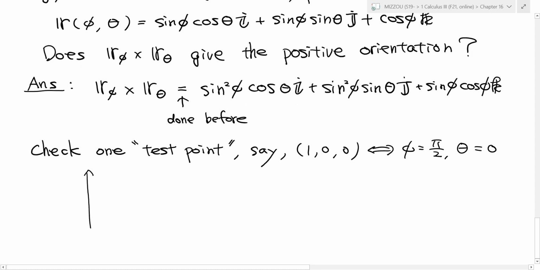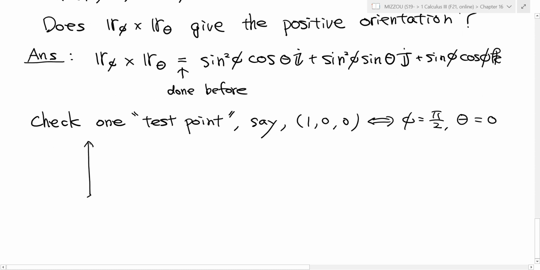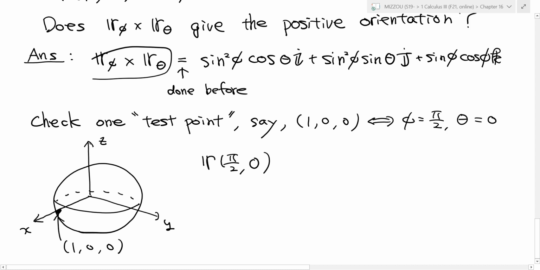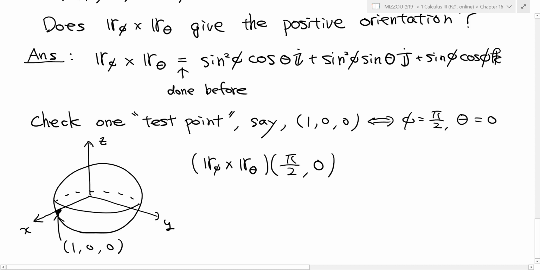Namely, let me just write down the picture. Like this. And then (1, 0, 0) is here. And this corresponds to theta is 0. And remember, phi is the angle from the z-axis. So phi is pi half. Then, if you plug in pi half, 0 into this one, what is this?